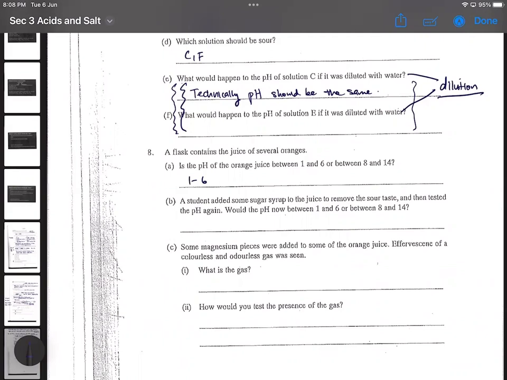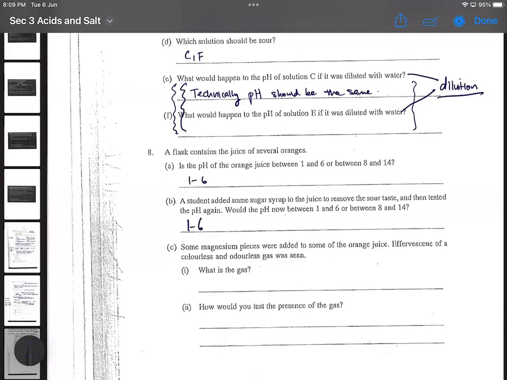Remember, the only way to remove the acidity is to remove the H plus. Adding sugar doesn't remove the H plus. Adding sugar simply covers the sour taste. So the H plus ions are still in larger quantities. So for this case, the pH will still be 1 to 6.